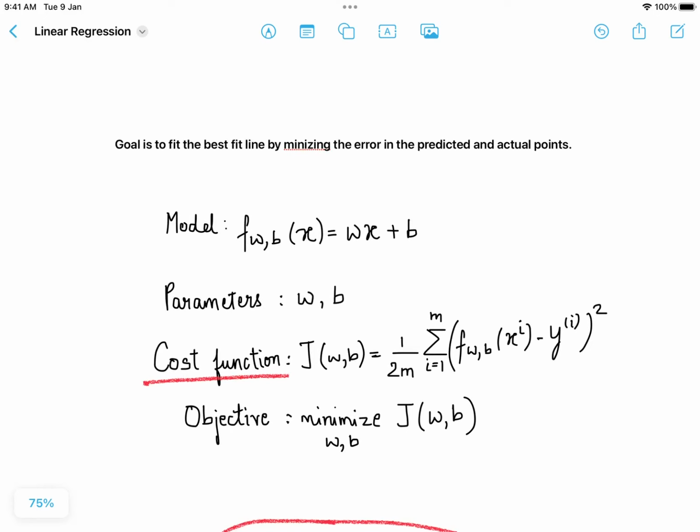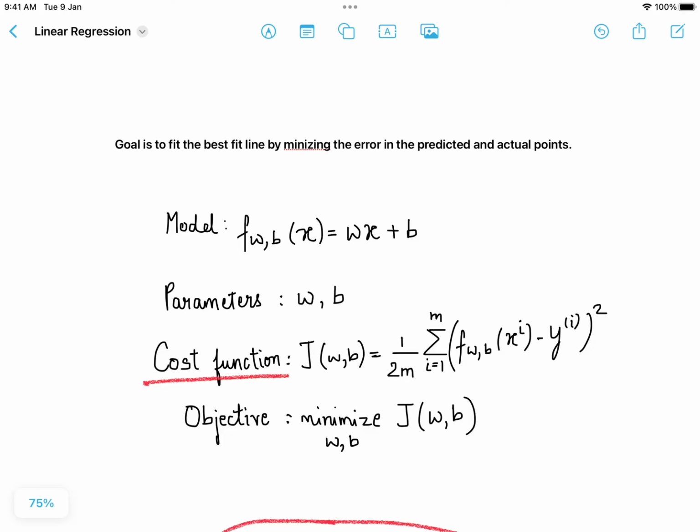So here our goal is to fit the best fit line by minimizing the error between the predicted and actual points. How can we write the model equation? That is f w comma b of x equals wx plus b, because you can see it is very similar to a straight line equation.